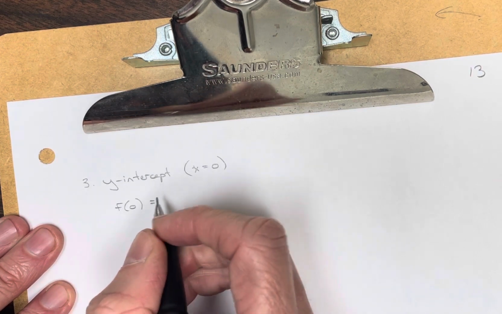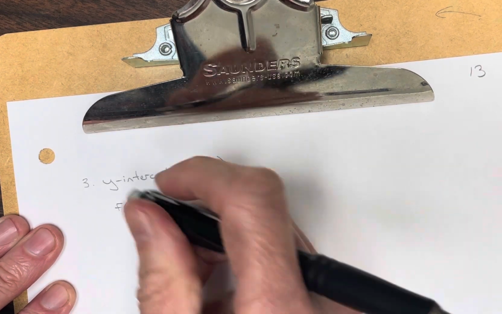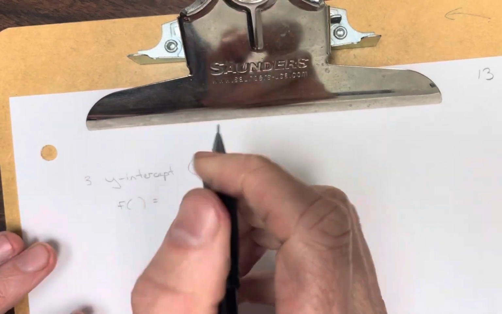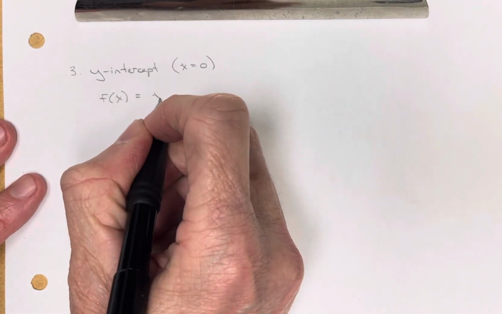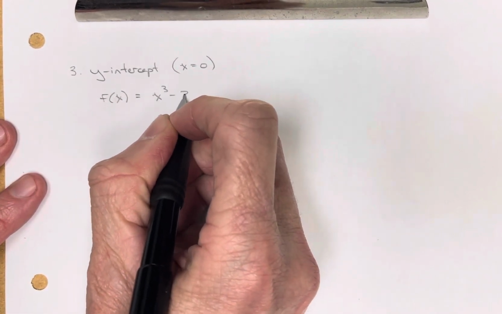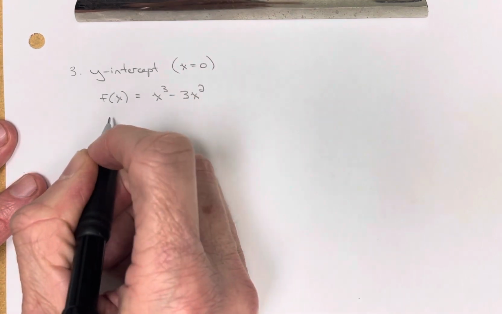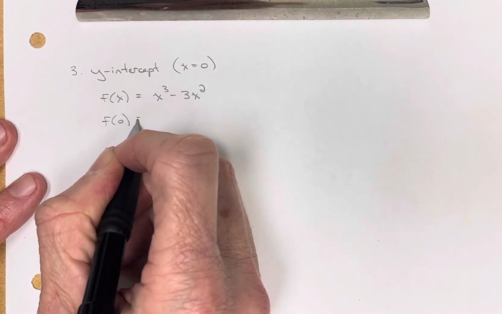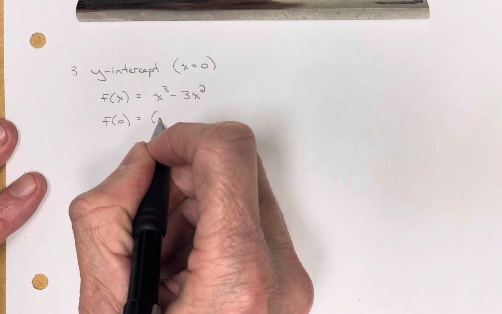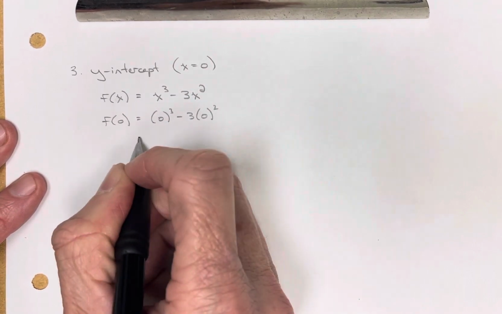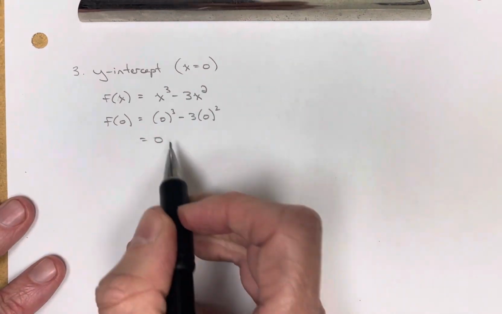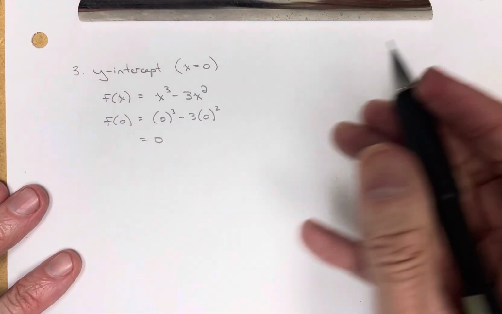Let's write our function down again since it's on the other page. Our function is f of x equals x cubed minus 3x squared. What is it when x is 0? I get 0 cubed minus 3 times 0 squared, and that's 0. So I have a y-intercept at 0.